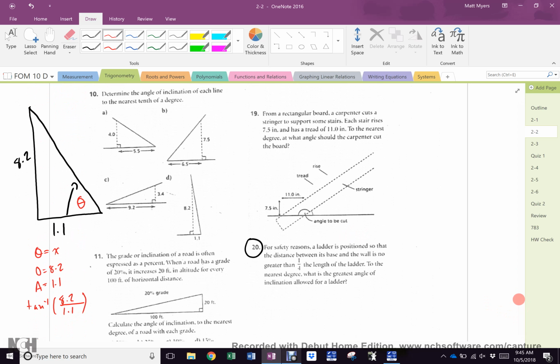Excellent. If your calculator did not say 82.4 and you wrote all this out, what does that mean for your calculator? It is in the wrong mode, or you do not know how to punch this in. Which of those things is difficult to fix?